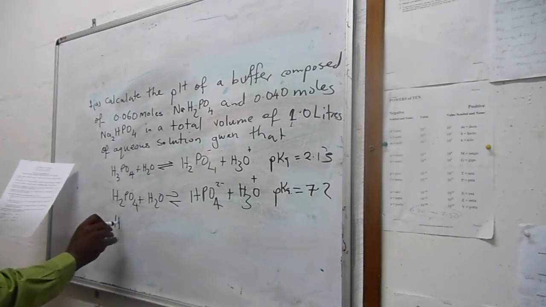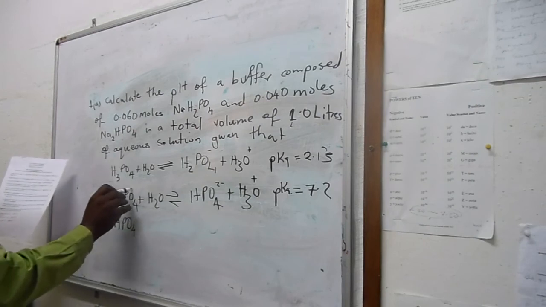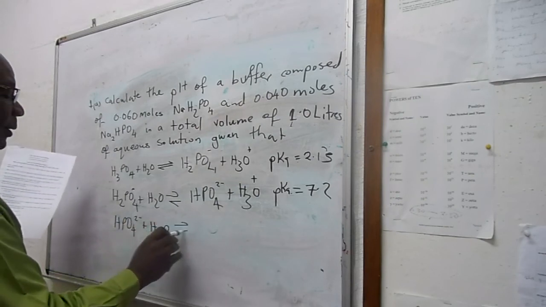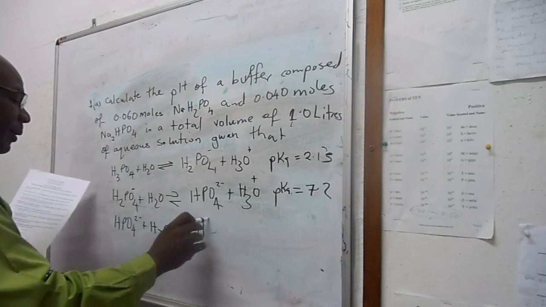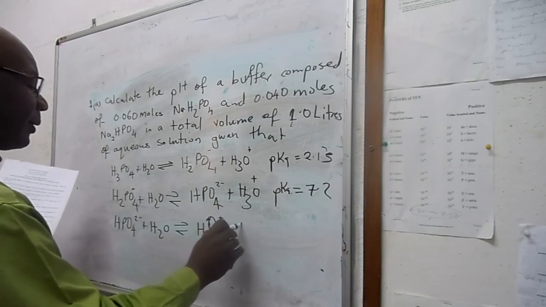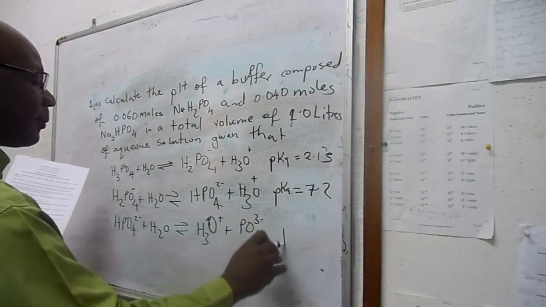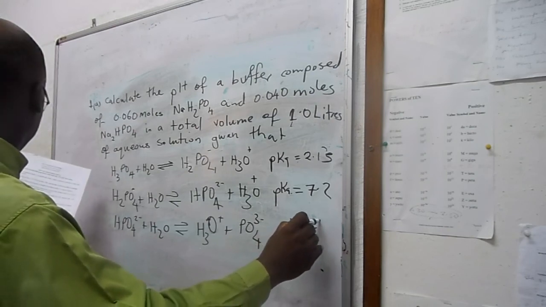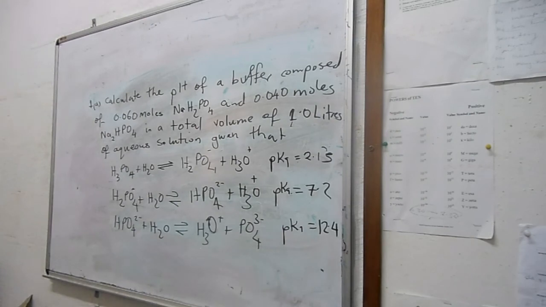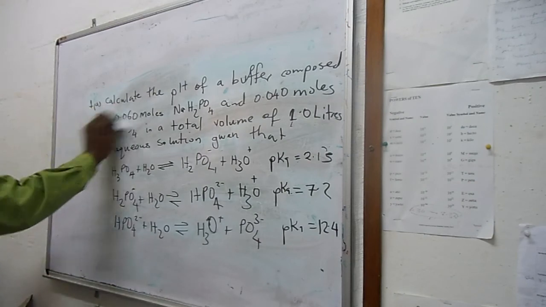Then you are given HPO4 2- plus water gives you H3O+ plus phosphate ion, pKa equal to 2.4. Okay, so that's your question.